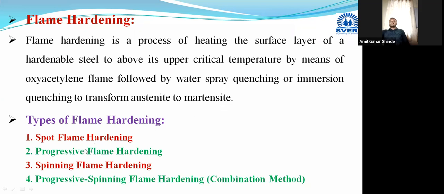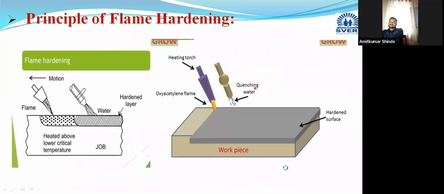Then, depending on the movement of the workpiece or job and the heating device or cooling device, it is classified into four different types: spot flame hardening, progressive flame hardening, spinning flame hardening, and progressive spinning flame hardening, which is also known as the combination method. This is the principle diagram.